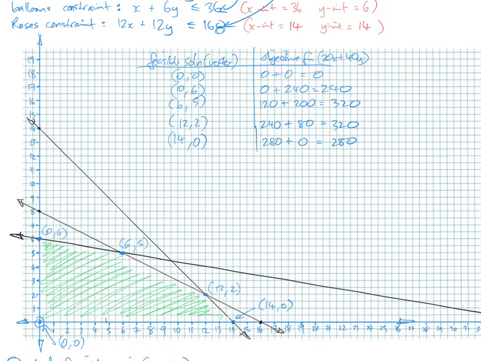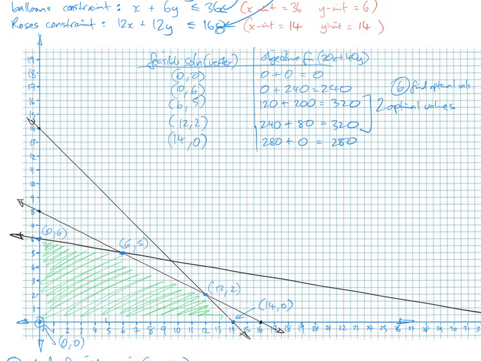So here you can see two optimal values for the objective function, which is step 6, finding the optimal values. They were 320.